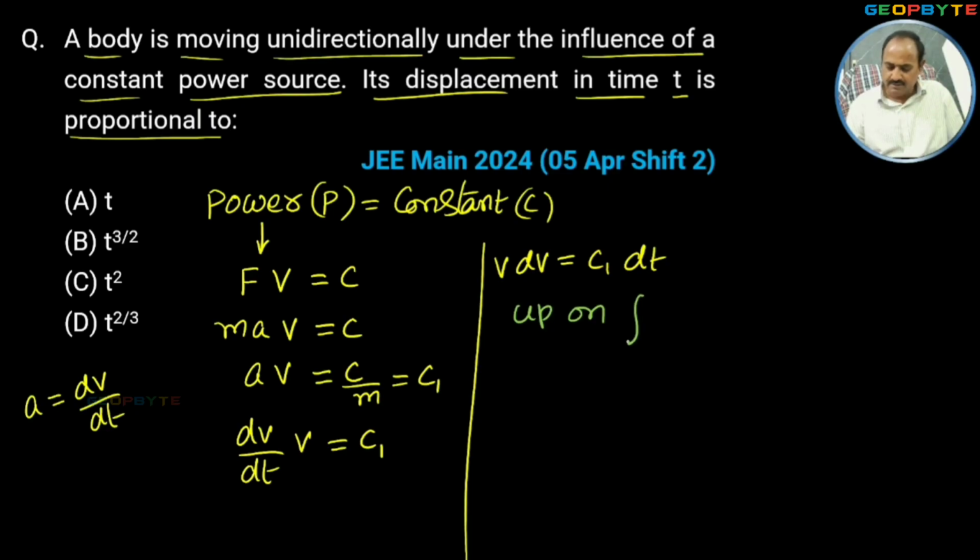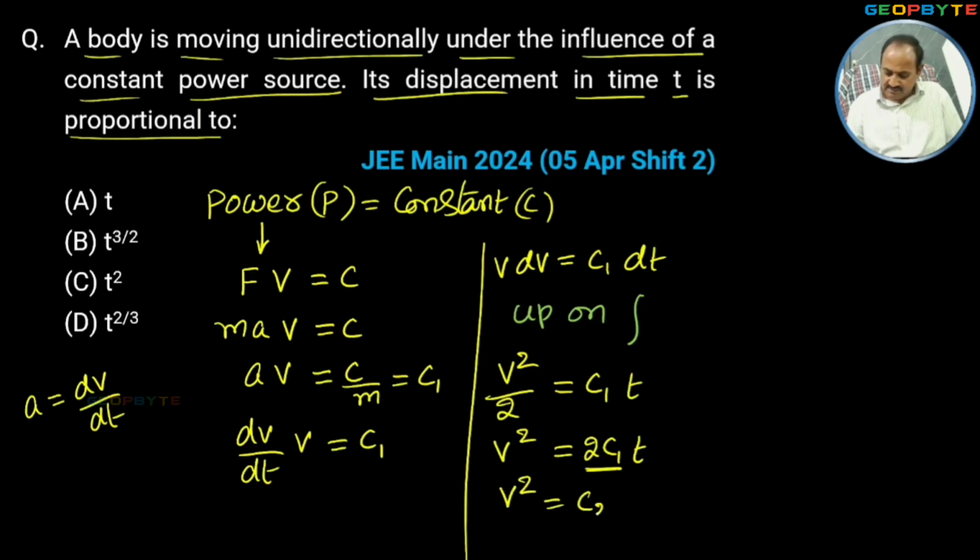Upon integration, it gives v square by 2 is equal to constant c1 into t. From this, v square equals 2c1 into t. Let this 2c1 be c2, so v square equals c2 into t.